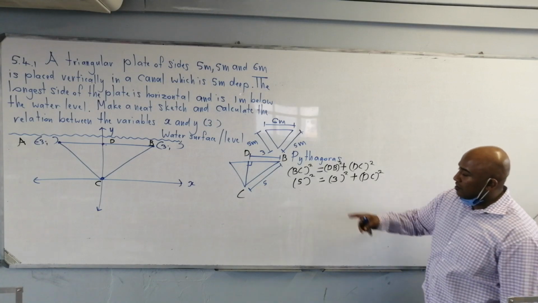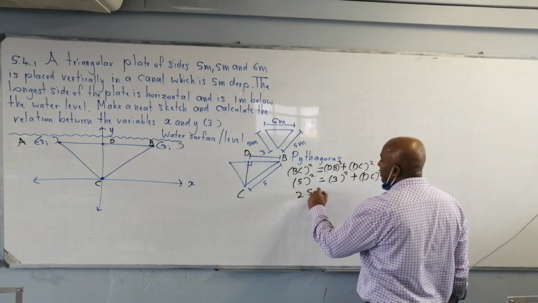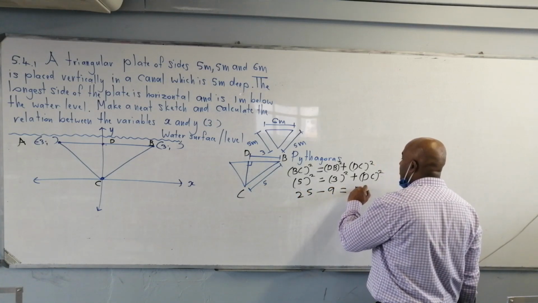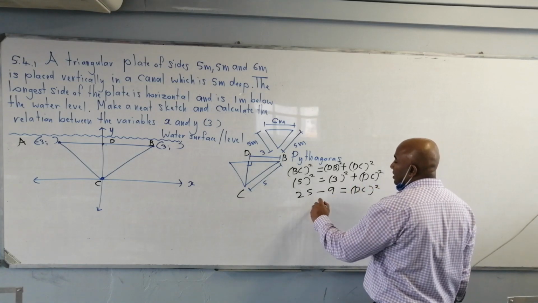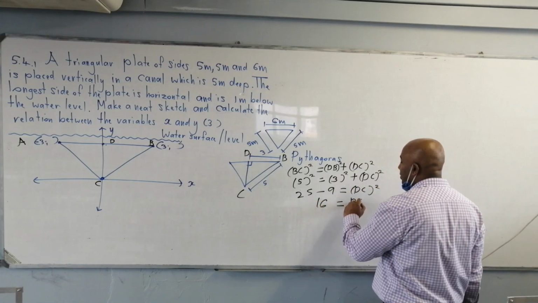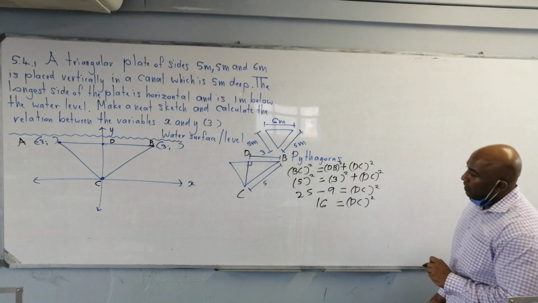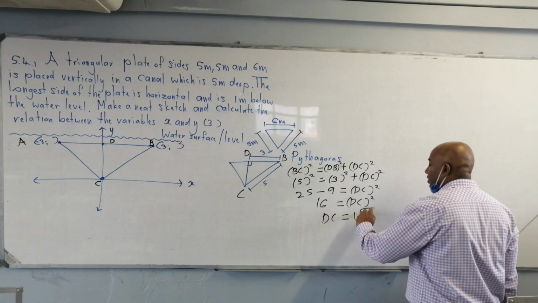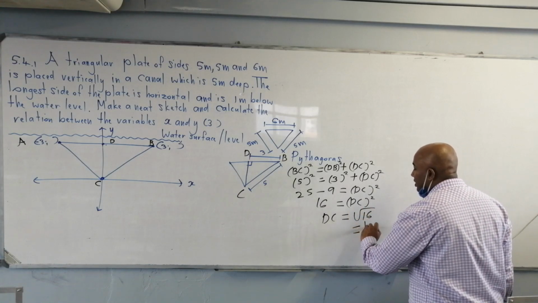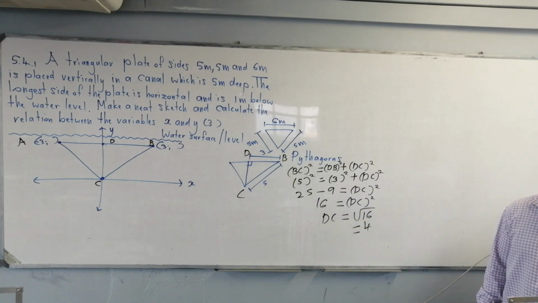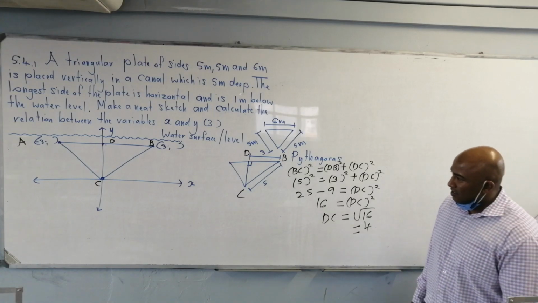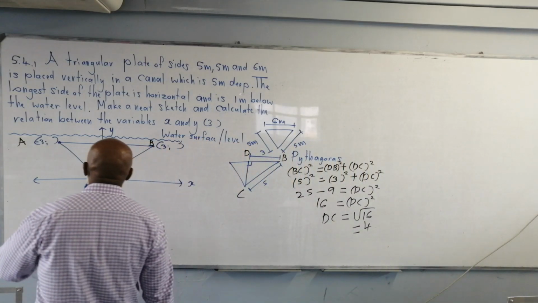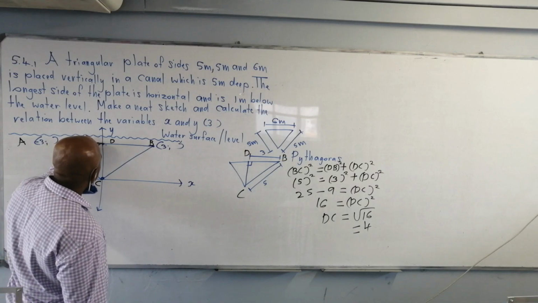So we got 25 minus 9 is equal to DC squared. So 16 is equal to DC squared. Therefore, DC is equal to the square root of 16, which is 4. We're clear with that? Alright, so that means the distance from here to here is 4.